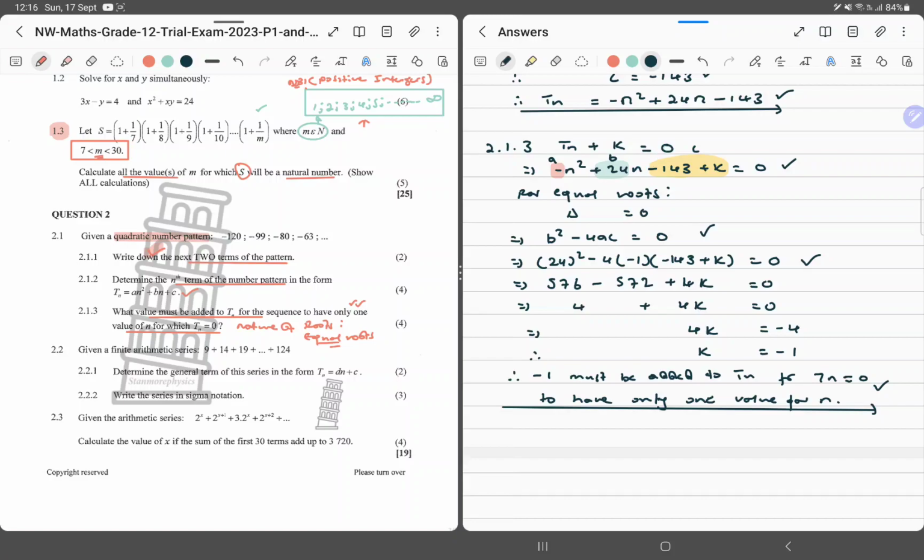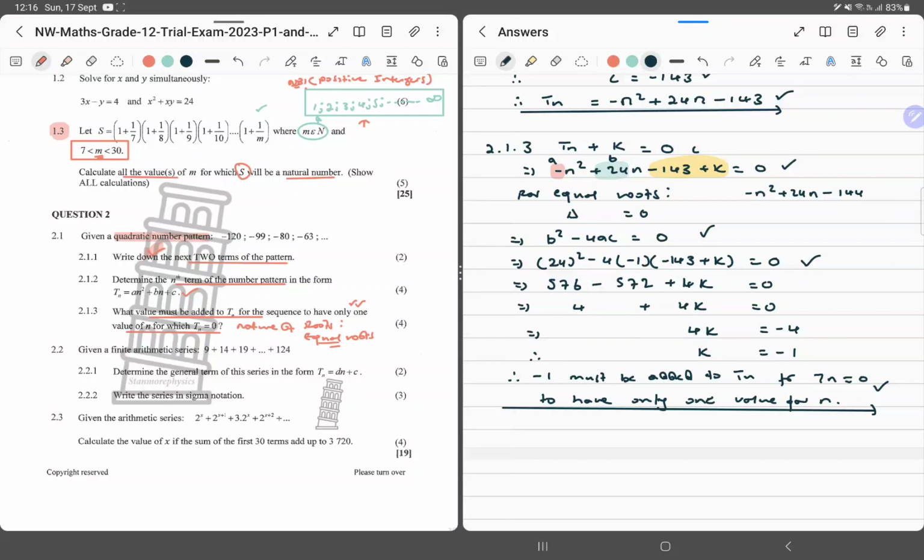How do you do it? You put k in there. When you put k in there, what are we going to get in our expression? We are going to get minus n squared plus 24n minus, now it's going to be minus 143 minus 1, which is minus 144, equal to 0. Can you see? Now, when you factorize this, of course, we multiply by negative, and it's going to be n squared minus 24n plus 144.